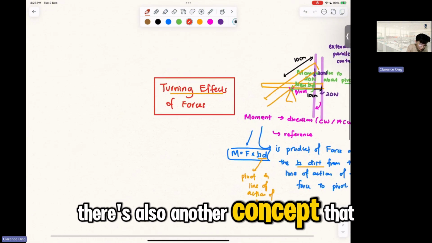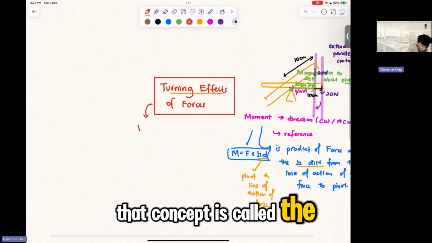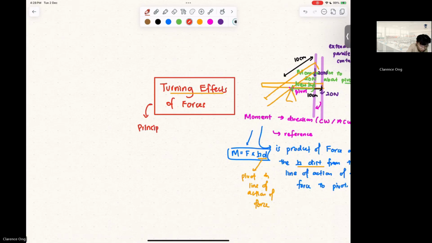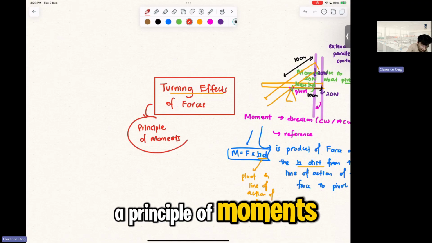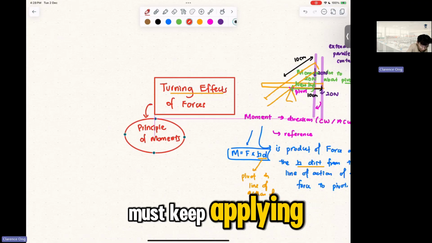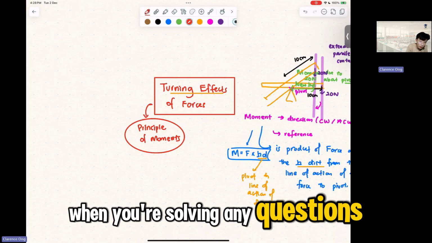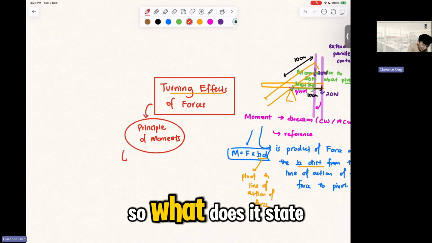There's also another concept that's very important. That concept is called the principle of moments. The principle of moments is a principle that you must keep applying when you're solving any questions on this chapter. So what does it state?